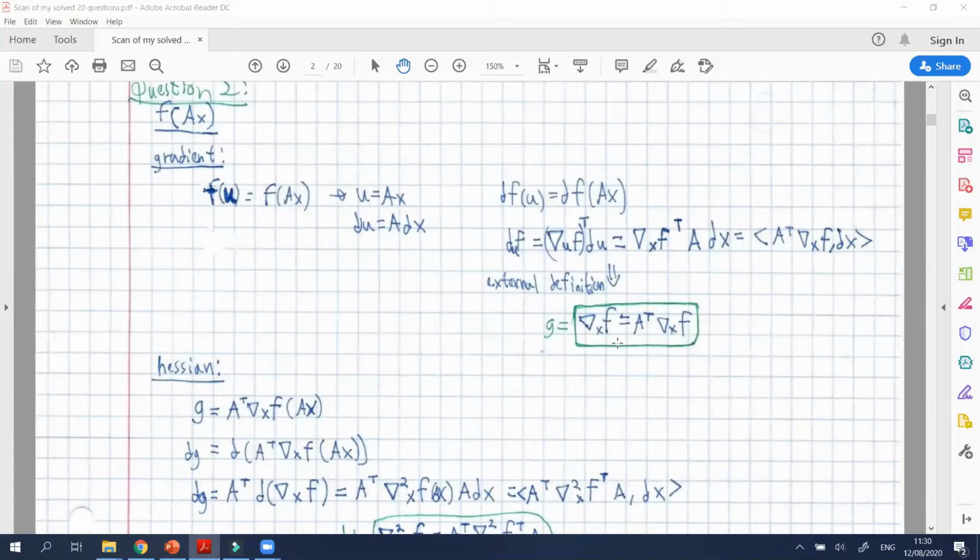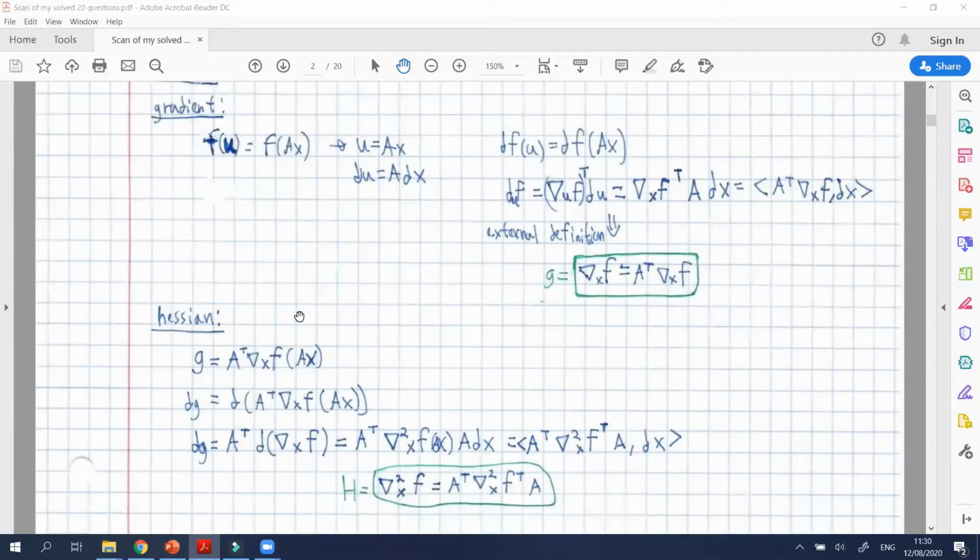The gradient would be, obviously, you take this and transpose it, yeah? And like you take this and transpose it and you achieve this. So this is just a gradient. This is the gradient of f with respect to x is the matrix A transposed times gradient x of f. And that would be the gradient.